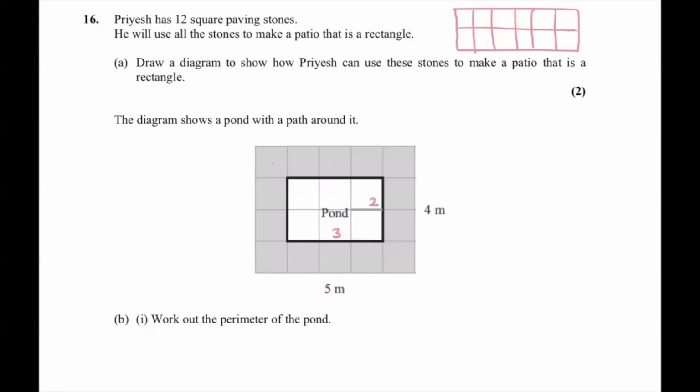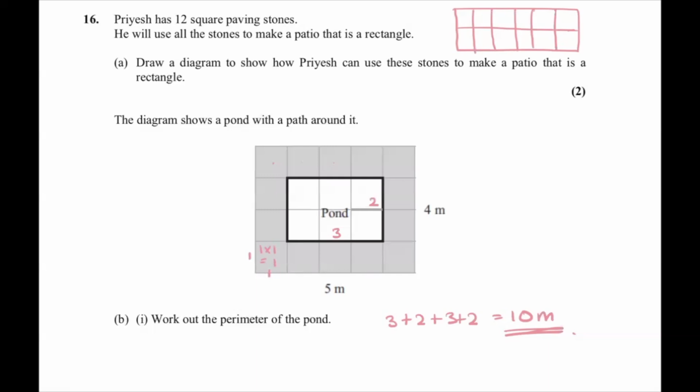So the perimeter is going to be 3 plus 2 plus 3 plus 2, which is 10 meters in total. And then the second part of this was to work out the area of the path. Now, again, because this counts as 1, and obviously this counts as 1, 1 square has an area of 1.